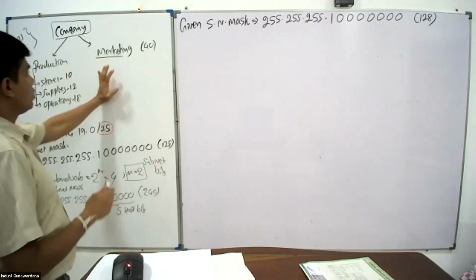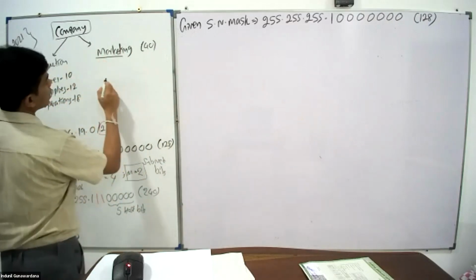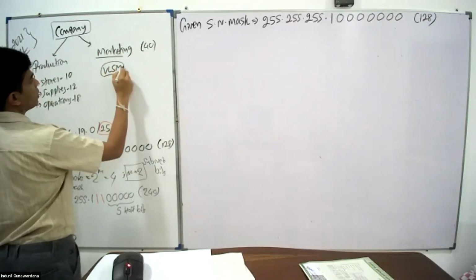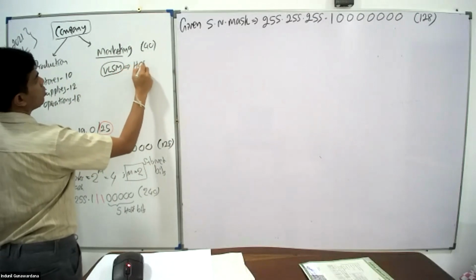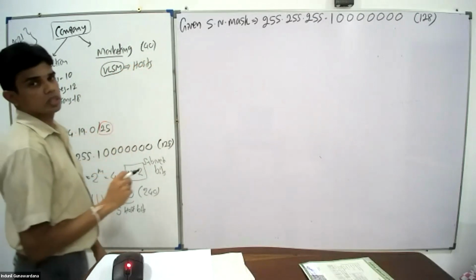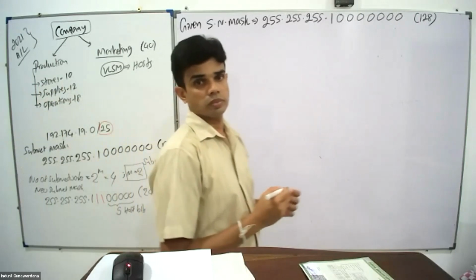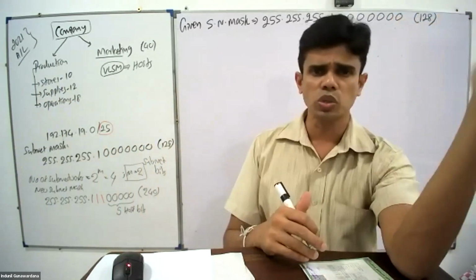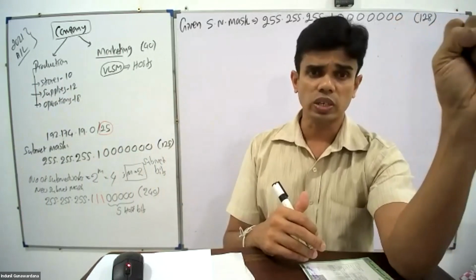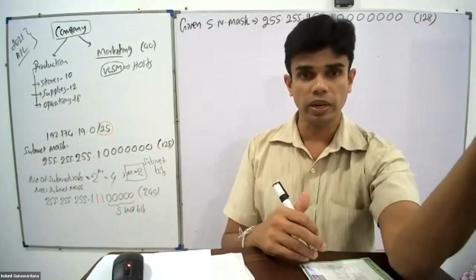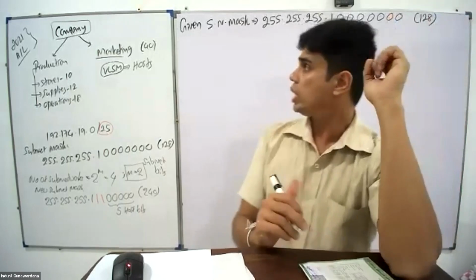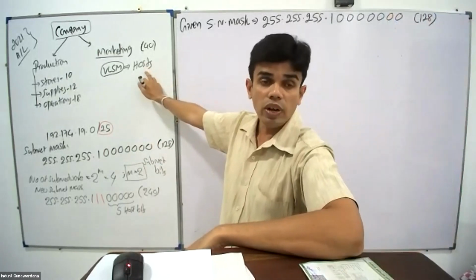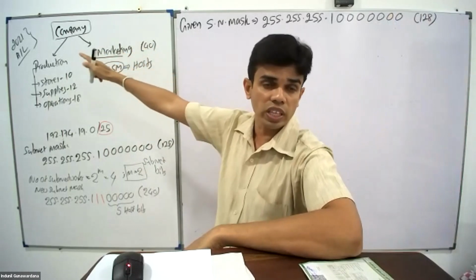First rule here is we have to do our subnetting in VLSM based on the number of host considerations. Earlier in VLSM, we did not care about hosts or subnets, we just used 2 to the power n minus 2. But now we have to continue with the number of hosts.